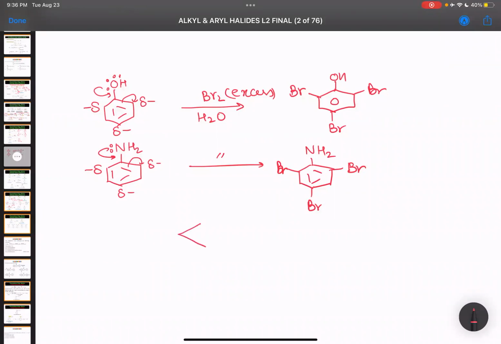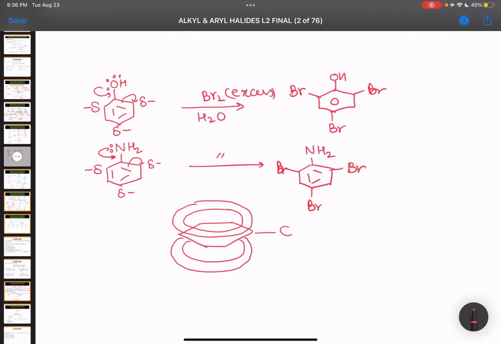Plus R effect is actually the delocalization of lone pair. Okay, suppose this is the benzene ring. The benzene ring has electron density. It looks like a donut, right? Because these 6 electrons are moving like this. And suppose you have Cl or OH, the lone pair is just adjacent to these pi electrons.